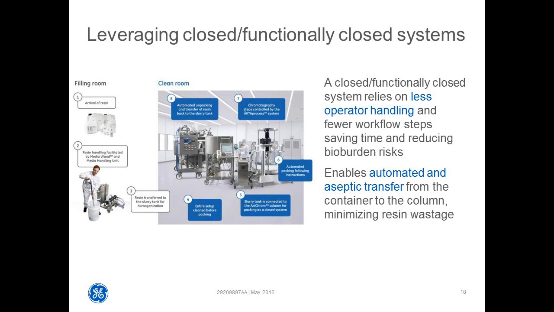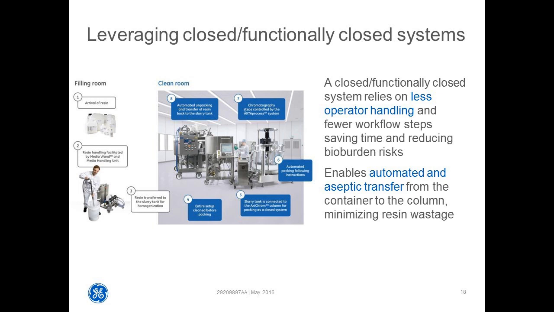If you take a step back and look at the bigger picture, that bigger picture starts from the time the resin arrives at the facility and goes through the workflow of removing the supernatant from the resin container, filling in the packing buffer, homogenizing the slurry, measuring the slurry concentration, transferring that slurry either via a slurry vessel or a slurry tank into the column, and then getting to the point of having a packed bed and making sure that the bed is well packed by running a HETP test.